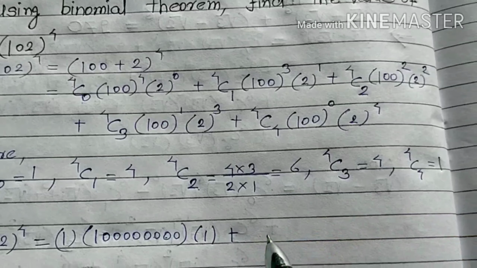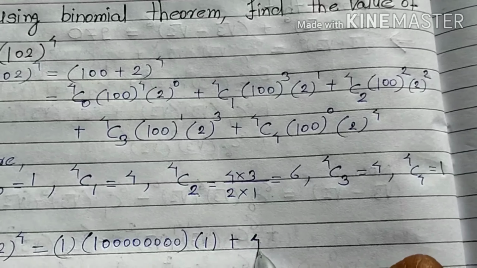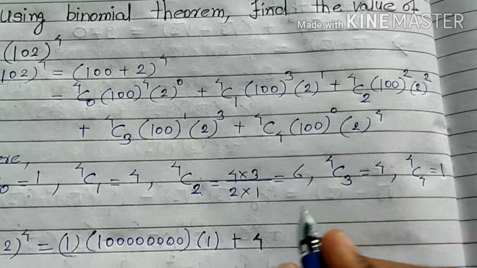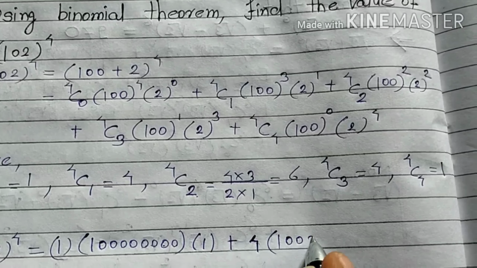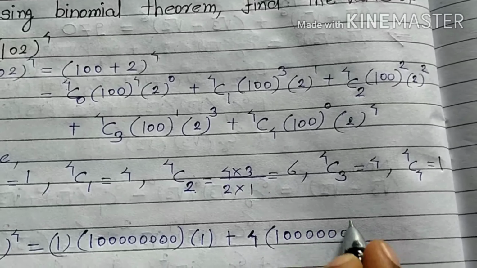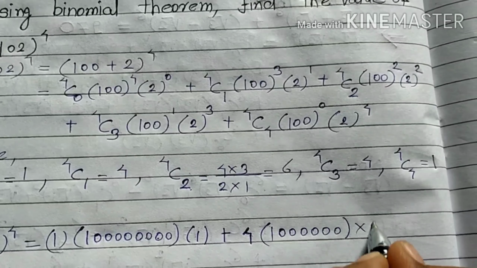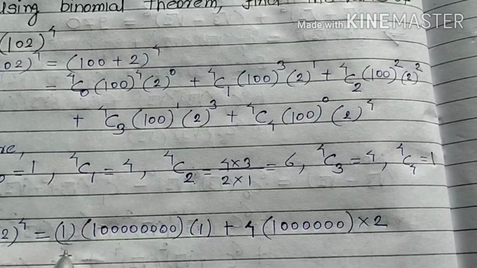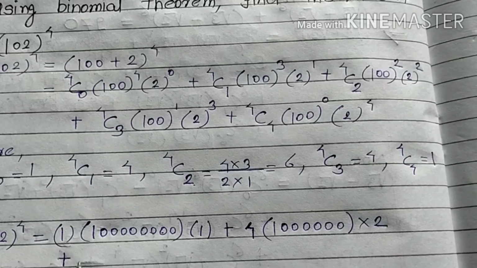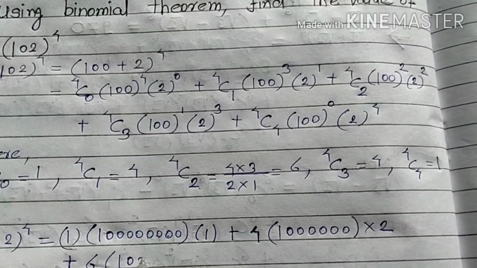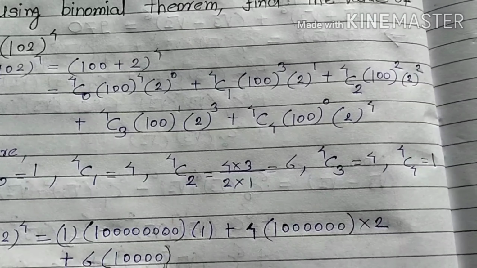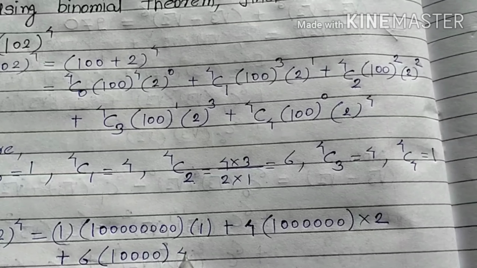Plus 4C1. 4C1 is 4 and this 100 cube, so it is 6 zeros. 2 raised to 1 is 2. Plus 4C2. 4C2 is 6, 100 square means 4 zeros, and 2 square is 4.